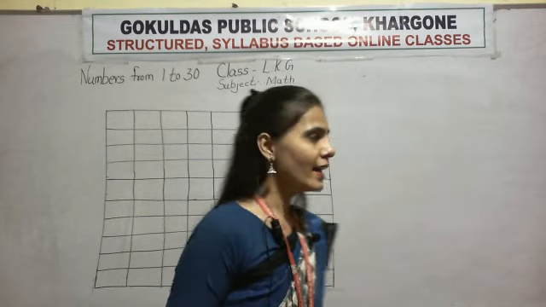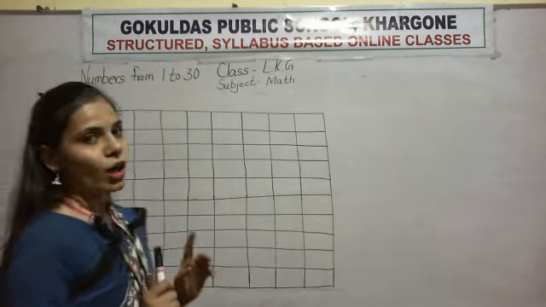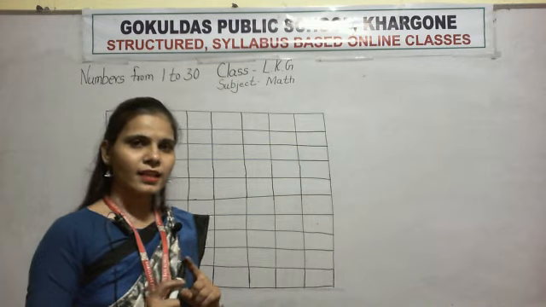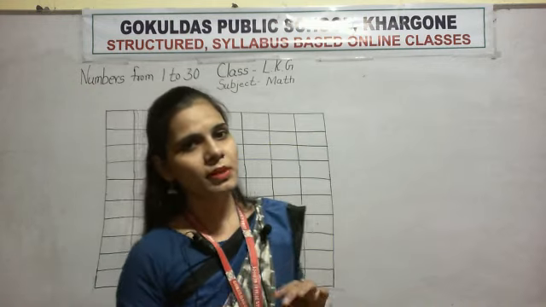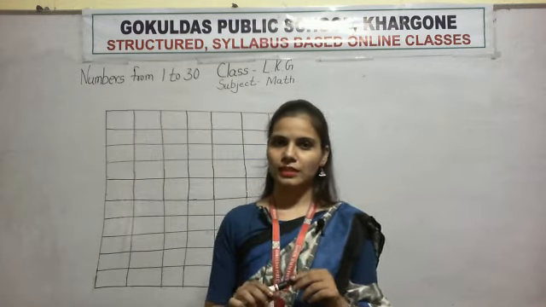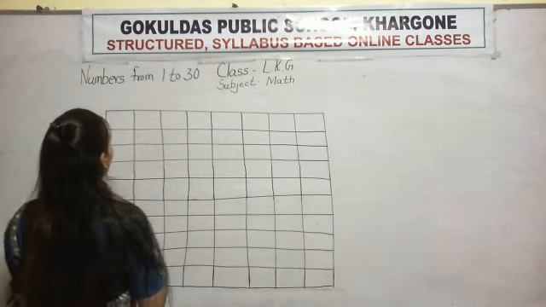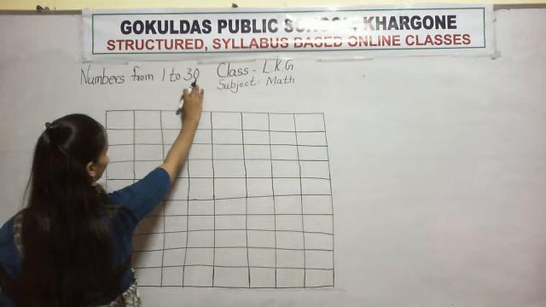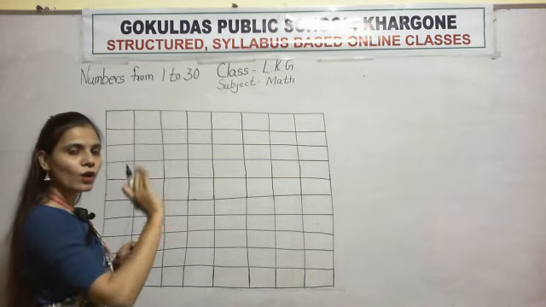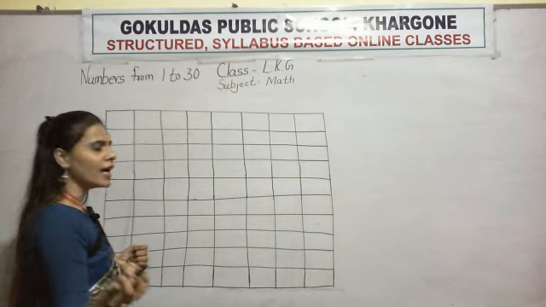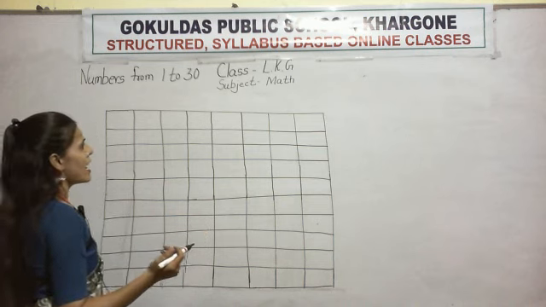So let's start. Okay. Take out your notebook, pencil and eraser and write with me. Repeat after me. I will start numbers from 1 to 30. So, let's start.